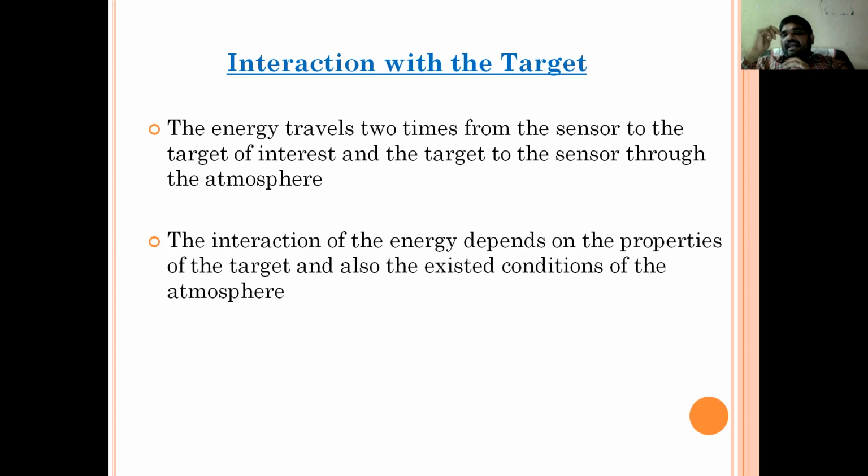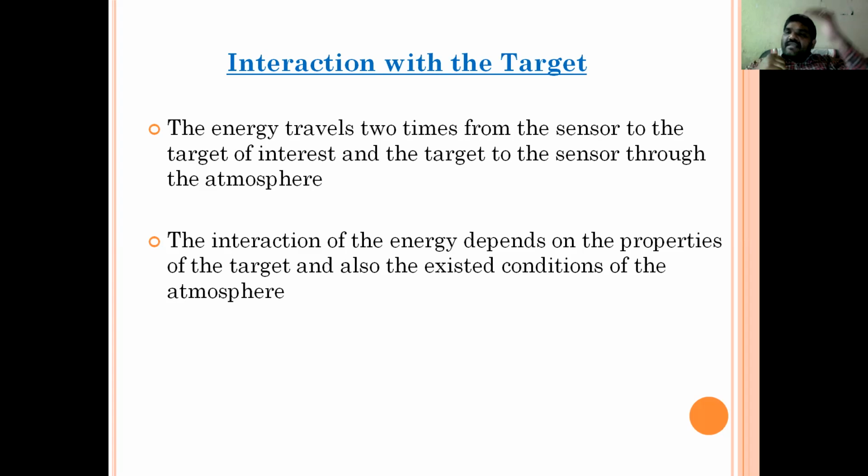The EMR will be influenced by the properties of the target. After hitting the target, the energy has to be reflected. Instead of reflecting, if the target is absorbing energy, you won't get the image.